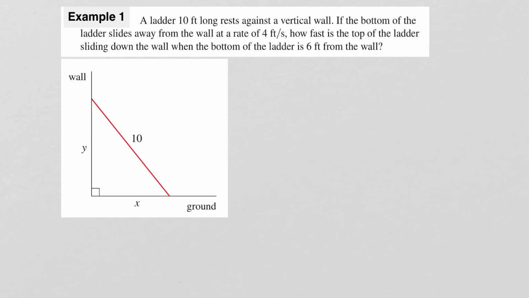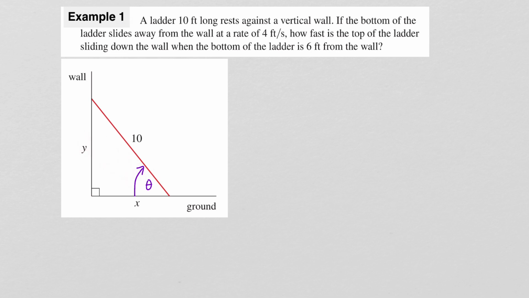Now what I would like to do is ask a related question. Suppose I was interested in the behavior of the angle theta down here. And as the ladder slides away from the wall, the top of the ladder slides down the wall.